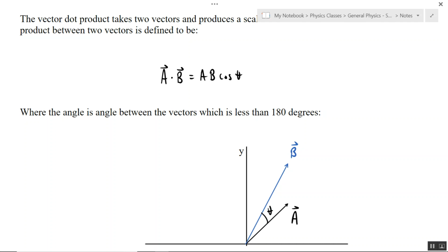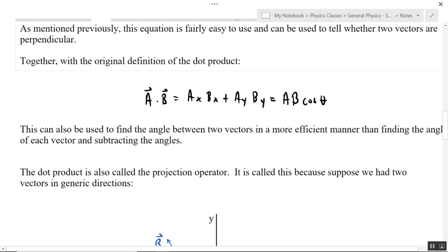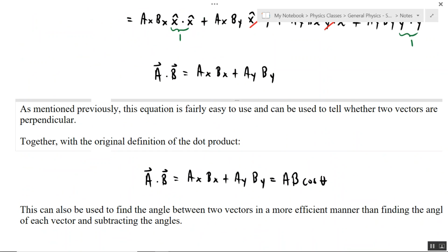And so this is one way to find it. The other way to use the dot product is this: AX times BX plus AY times BY. That's if you know the components of the vectors. You can use this equation to find the dot product as well. So there's two ways to find it, and depending on what you're given determines which equation you use.